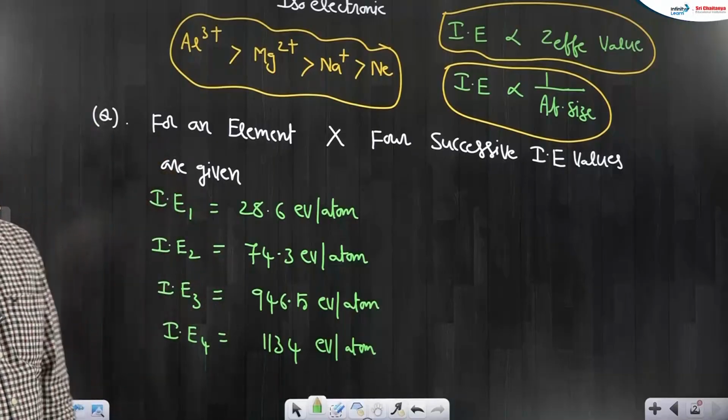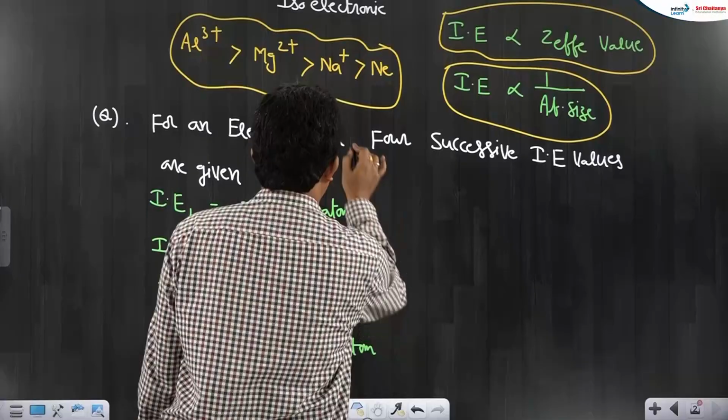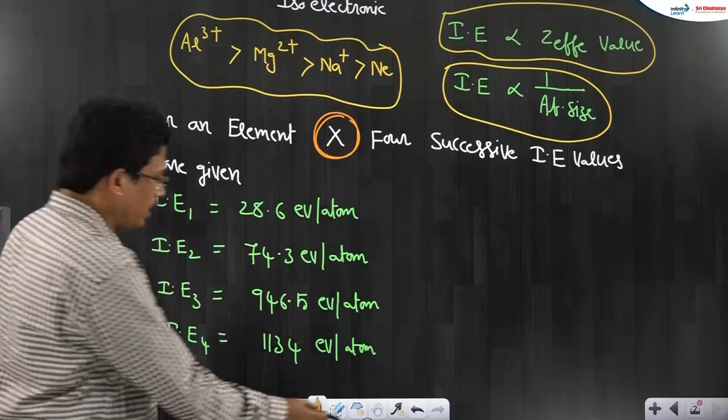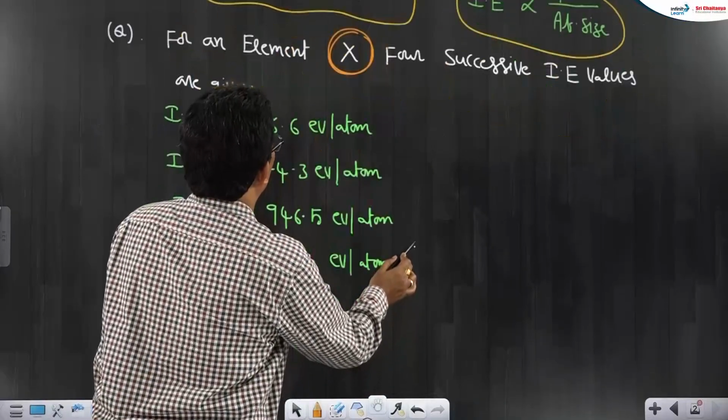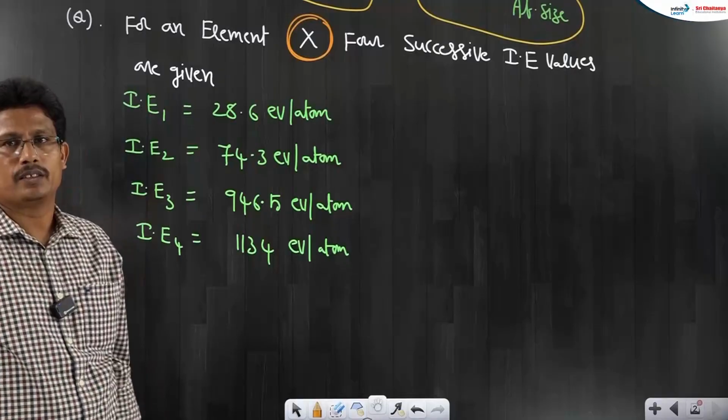By using the above 4 values, we will identify the valency of X.